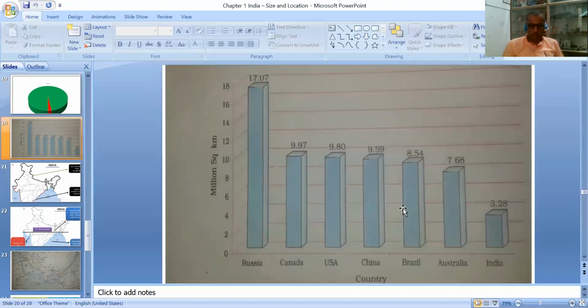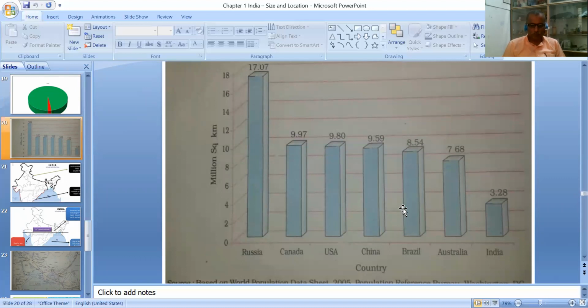Now, what is the geographical position of India among the countries? Russia is the topmost landmass. It has Canada, USA, China, Brazil, Australia. India's position is the 7th biggest geographical country in the world.